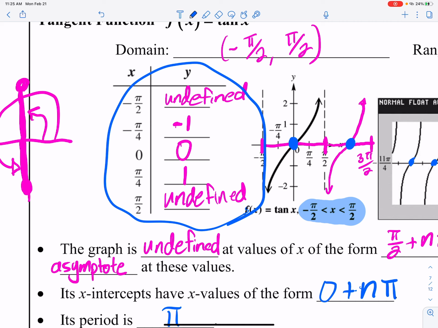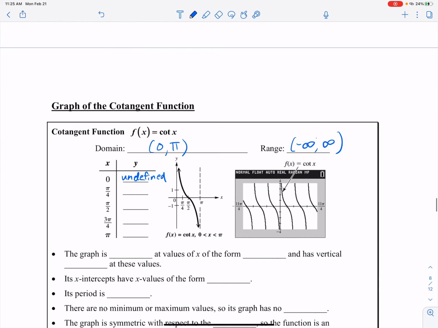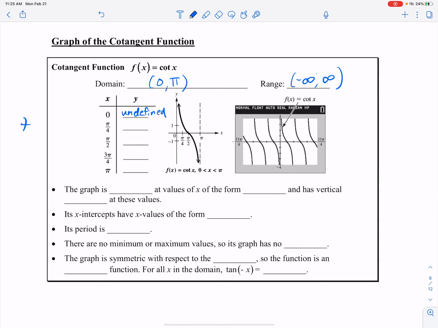Undefined, right? So that means if I want cotangent of pi over 4, and tangent of pi over 4 was 1, what does that mean about the cotangent? What's 1 flipped over? 1.